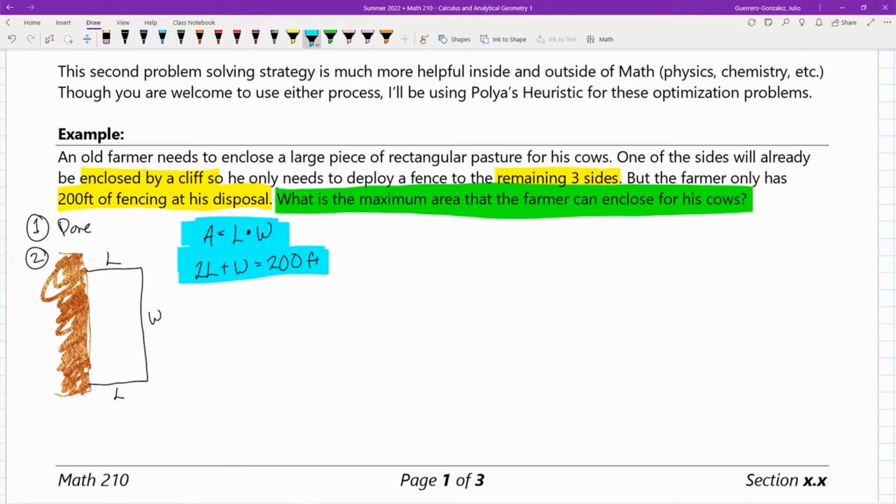So what we have to do now, right, is we have to maximize this right here using this constraint. Okay. So optimizing that area means we're going to have to do calculus, right?